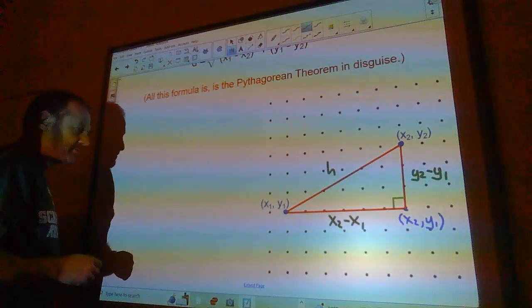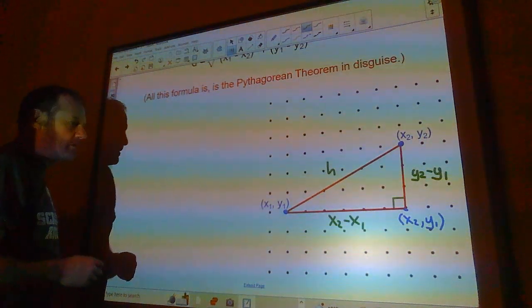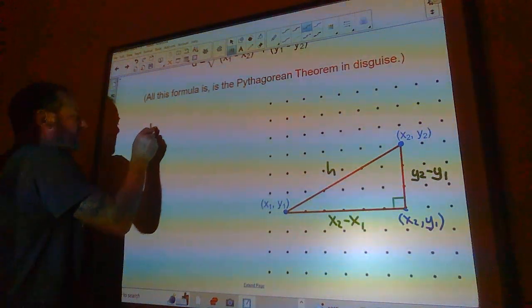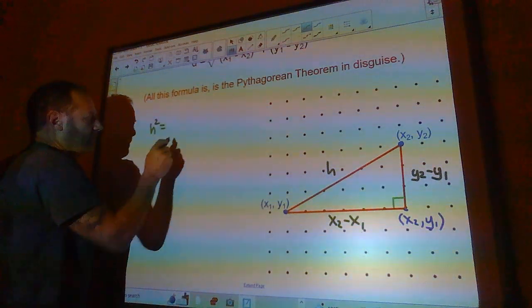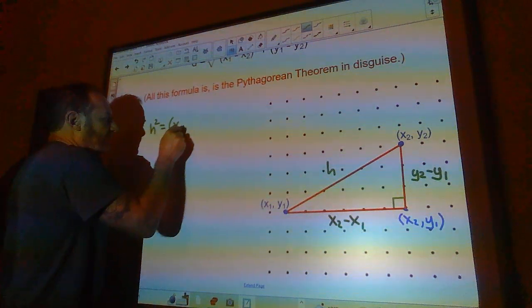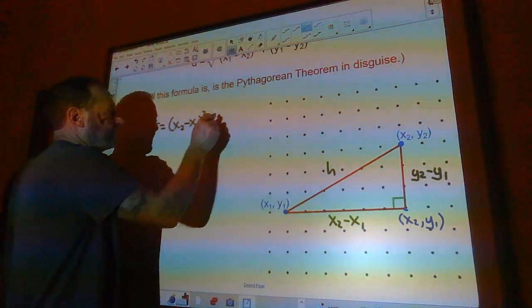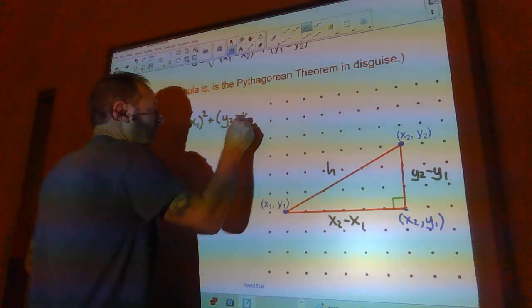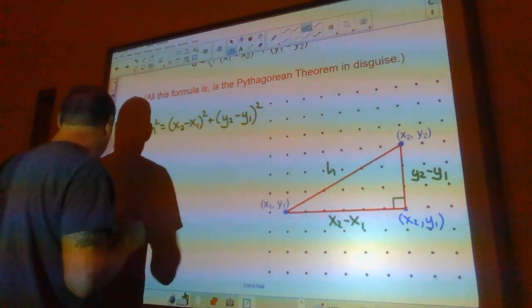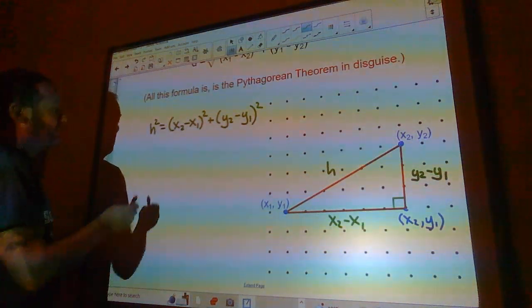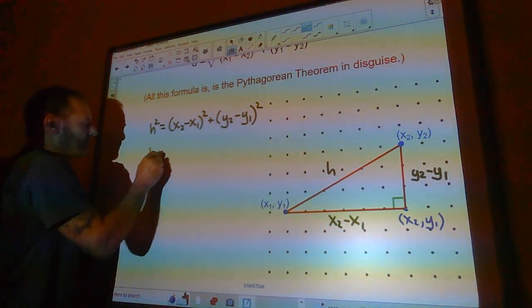So I use the Pythagorean theorem, and I say, well, h squared is going to equal the one leg squared, x2 minus x1 squared, plus the other leg is going to be y2 minus y1 squared. And then what I do is, we don't want the h squared here. We're going to square root everything.